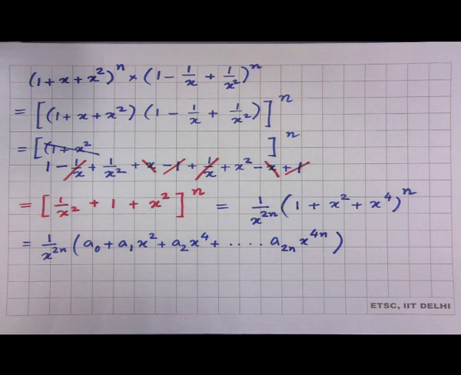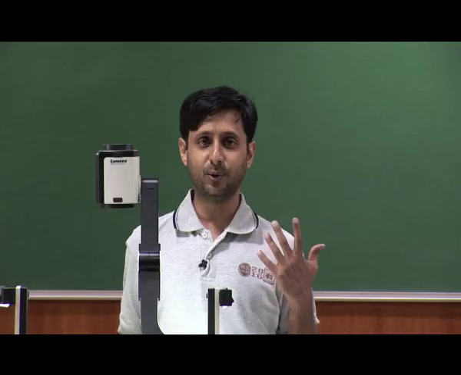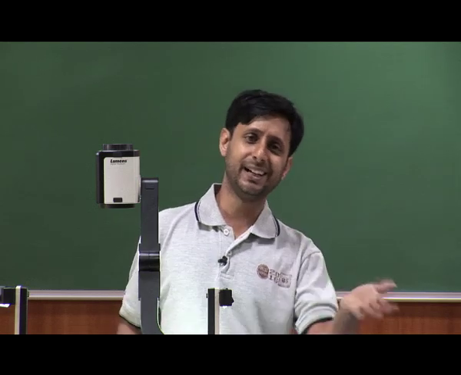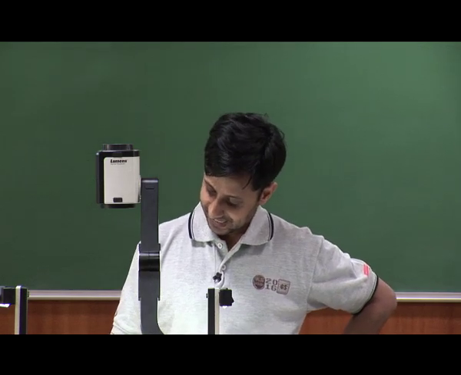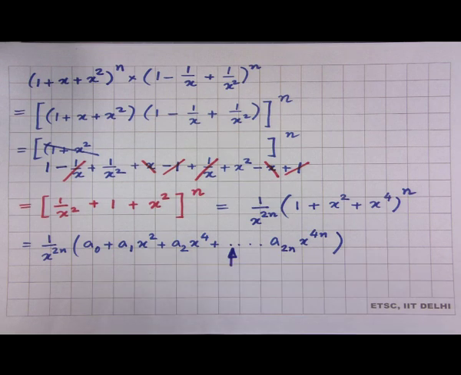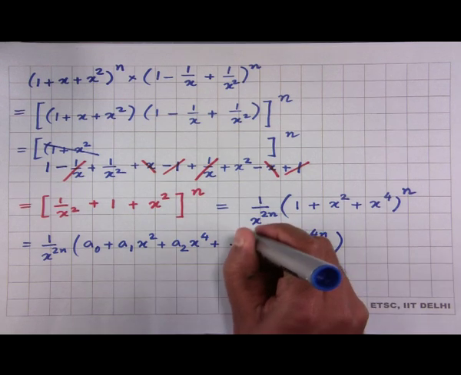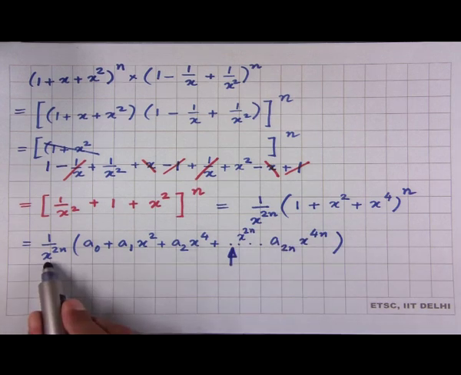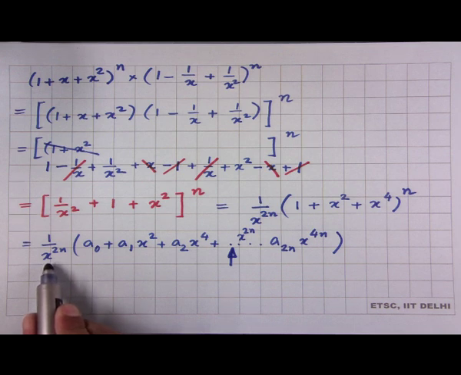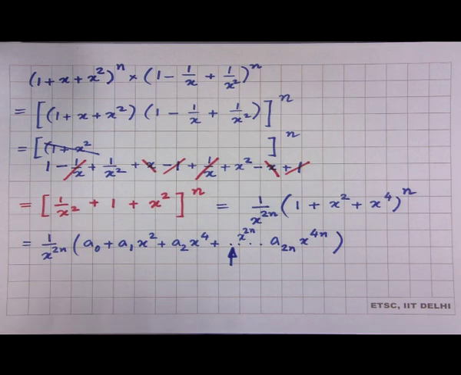Okay. And what am I looking for? I am looking for the term that is independent of x, which means that somewhere inside this there is a term with x power 2n, and that term will be independent of x because of this outside 1 by x power 2n. Okay.